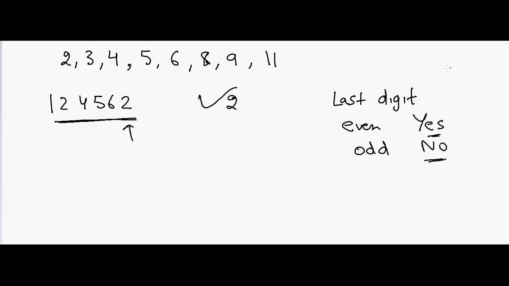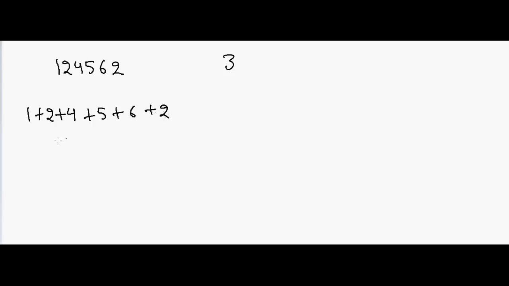Now let's talk about division by 3. If I have 124562 again, and I'm looking at whether it's divisible by 3 or not, in that case I'll add all these digits together. So 1 plus 2 plus 4 plus 5 plus 6 plus 2. That gives me 3, plus 4 is 7, 7 plus 5 is 12, plus 6 is 18, plus 2 is 20.